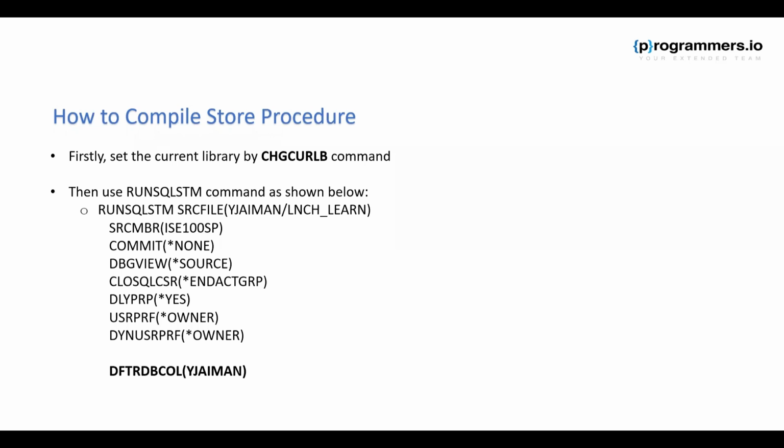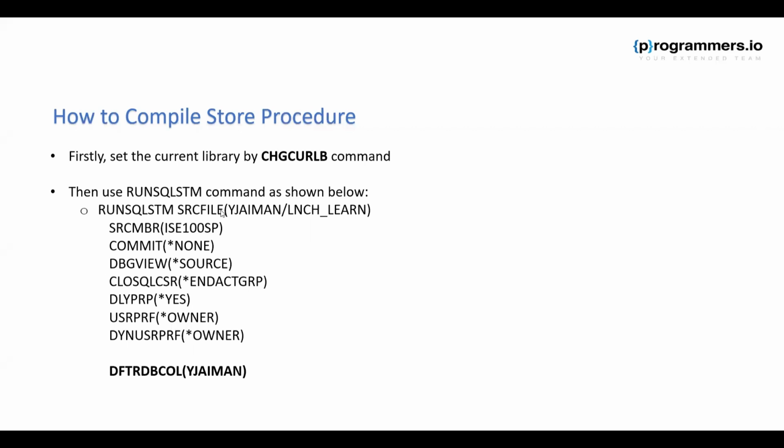Then use the RUNSQLSTM command to compile your store procedure, same as compiling an SQL table or UDF. If you do not use change library, you can give that parameter also. This is how you can compile a store procedure in your system.